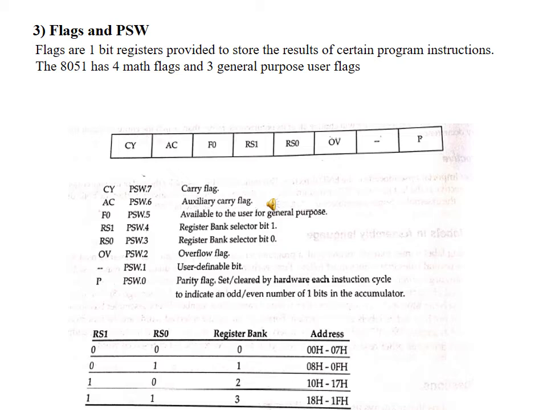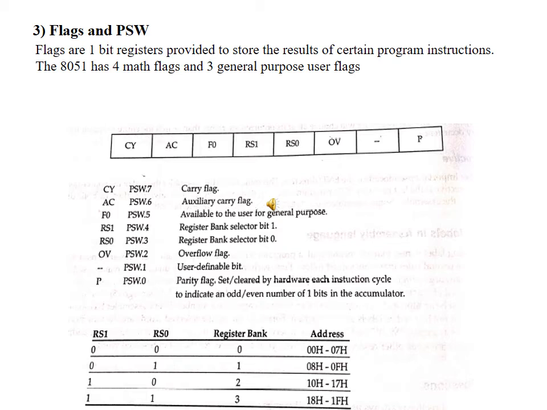So next is the overflow flag. So this flag is set whenever the result of a signed number operation is too large, causing the higher order bit to overflow into the sign bit. So in case of a signed number operation, only 7 bits are used to store the magnitude part, whereas the last bit, that is the MSB bit, is used to indicate whether the number is positive or negative.